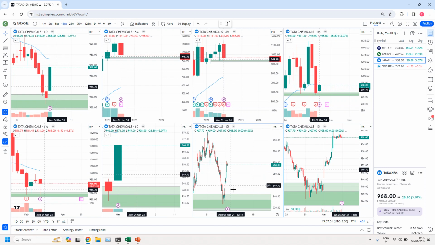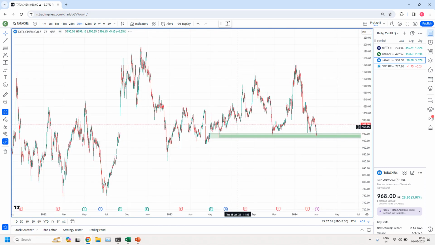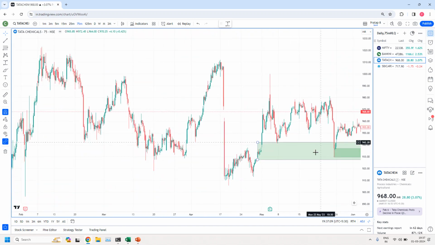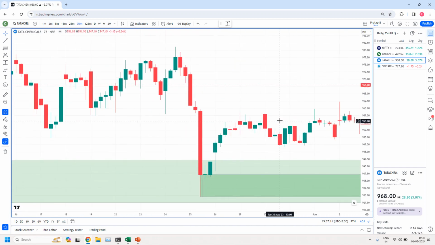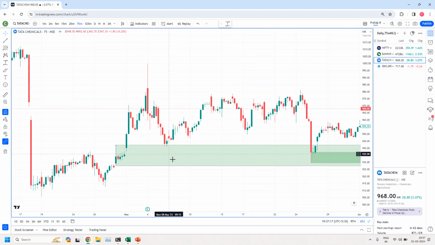Let me go to 75 minutes. Yes, we have a drop, base, rally, and follow-through candle. Actually, this is a 75-minute zone: rally, 1, 2, 3, 4 base candles, again a rally candle.